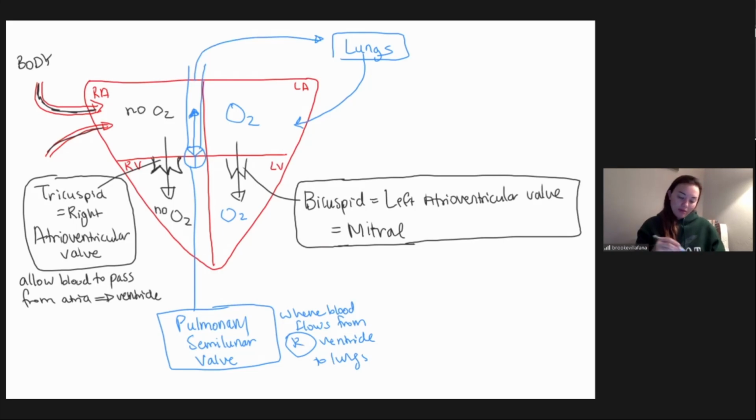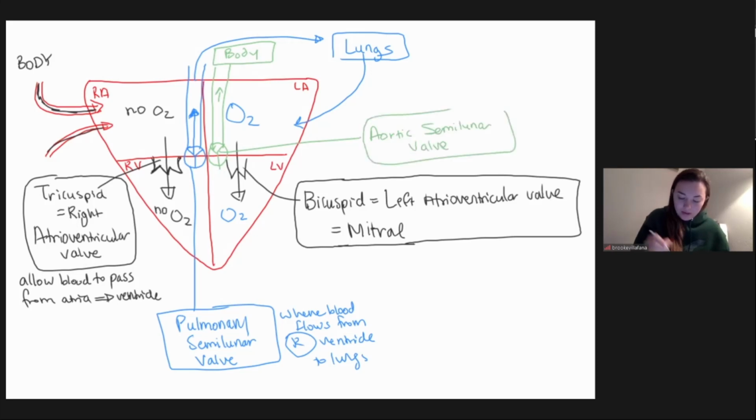And then if I'm in the left ventricle side and I'm going to the body, I'm going to be leaving through the aortic semilunar valve. So we're going to write body here, headed to the body, and this is called the aortic semilunar valve. This is where blood leaves the left ventricle and heads to the body.